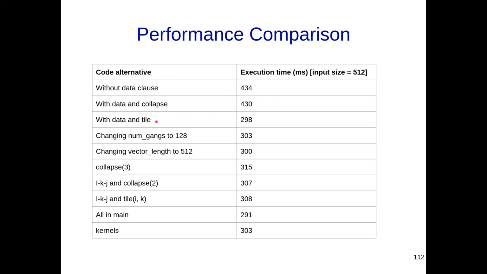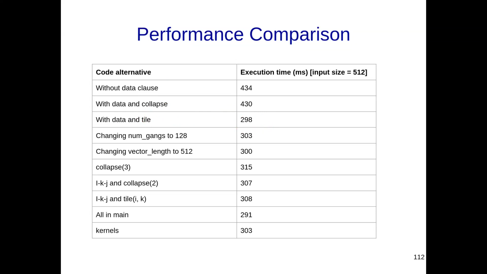If you add data as well as tile instead of collapse, right? So I did not add collapse, but I added tile. In that case, there was a significant improvement. In this case, it so happened that the caching benefits turned out to be high, and that's a good sign. However, tiling will not always give benefits.